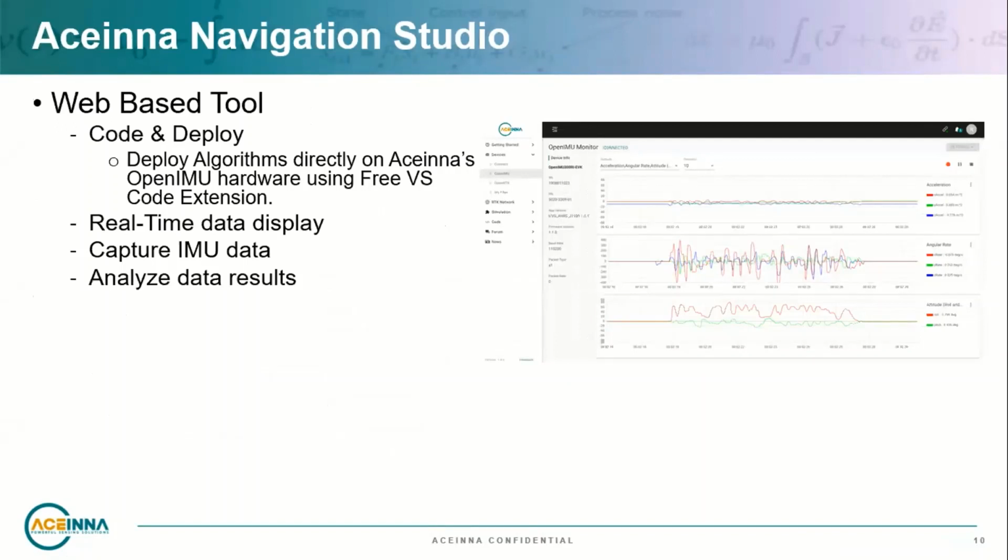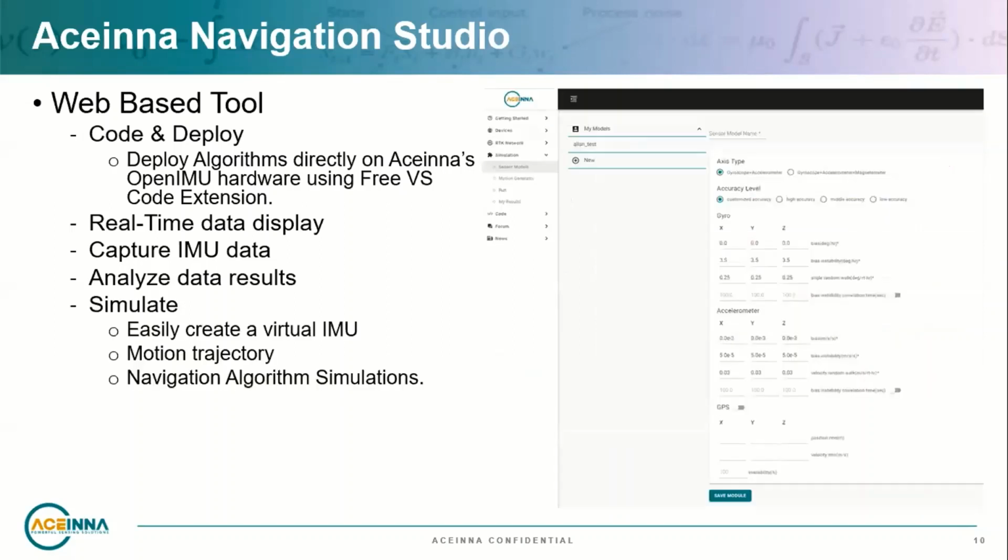If you want to capture or record the data, you can do it, as well as analyze the data results. We show all the results in terms of graphs and other information. And we do have the simulation here, where you can create a virtual IMU based on your requirements, select the motion trajectory that you want, and then run the simulation in order to look at the results.